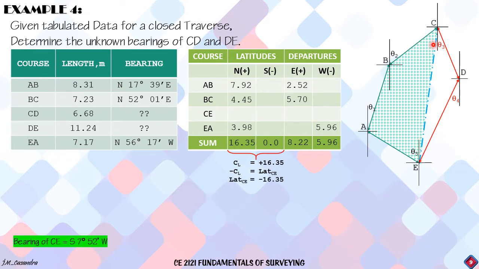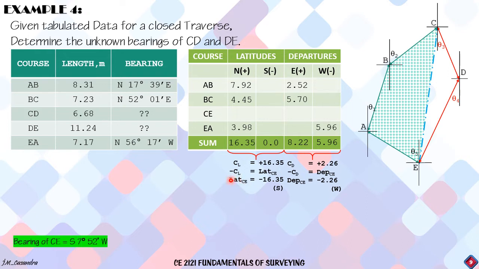So CE is negative 6.35, and that is a southing. For the departure, the sum is positive 2.26. So the departure of line CE is negative 2.26, which is a westing. If we check our diagram, it is really a south to west line.